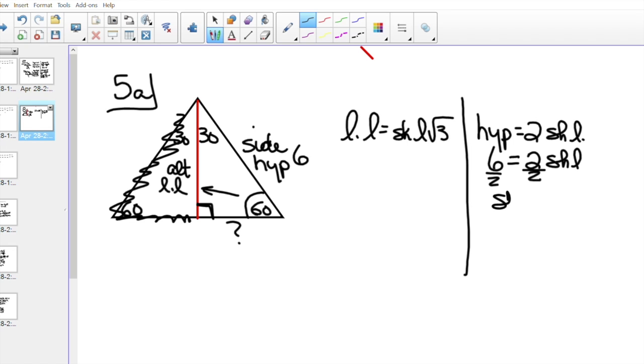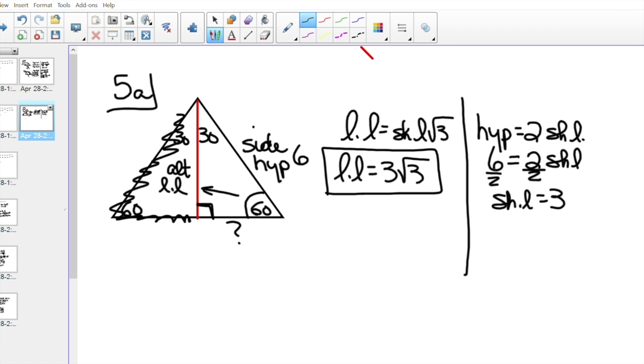The shorter leg is 3. Now, so come back over here. The longer leg is equal to the shorter leg times the square root of 3. And so, that is number 5A.